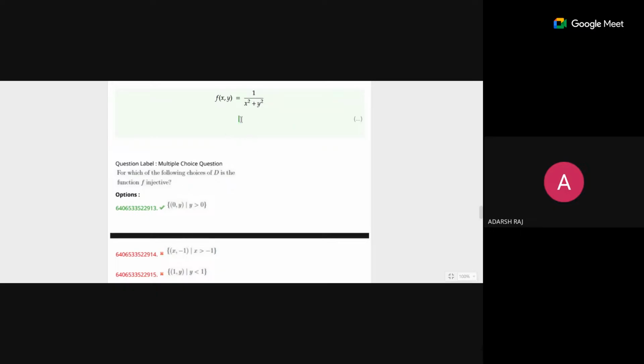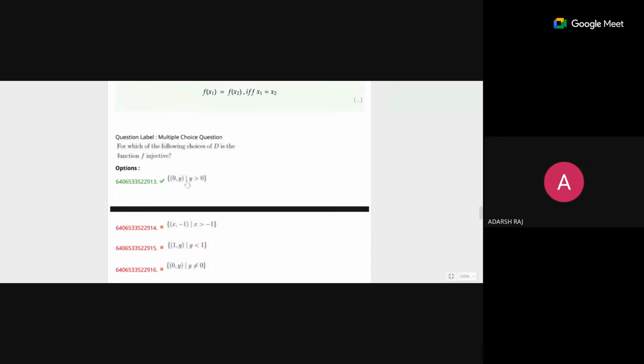If f of x1 is equal to f of x2 if and only if x1 is equal to x2. So this is the definition of an injective function.